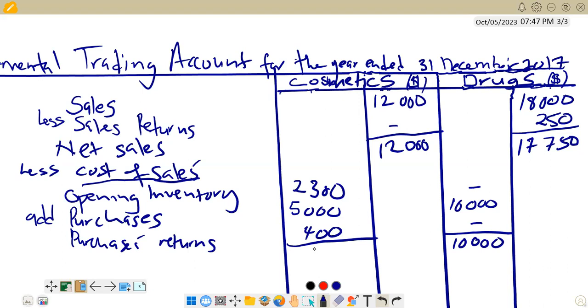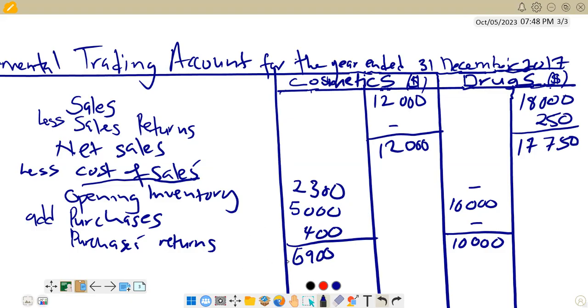Let's try to add there. So if you calculate 2,300, add 5,000, subtract 400, you get 6,900. That's the figure that we get there.